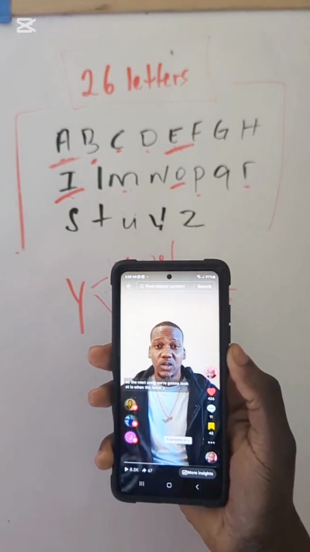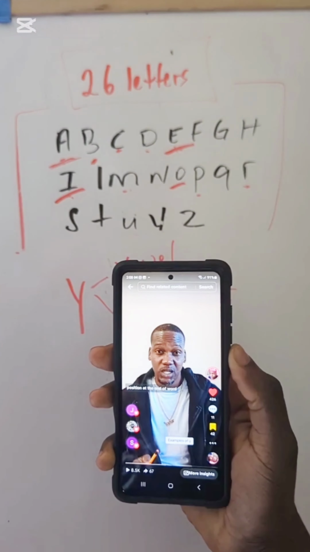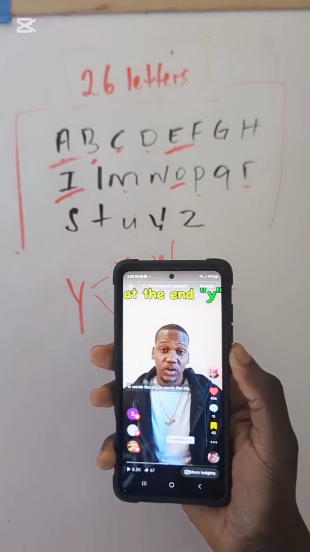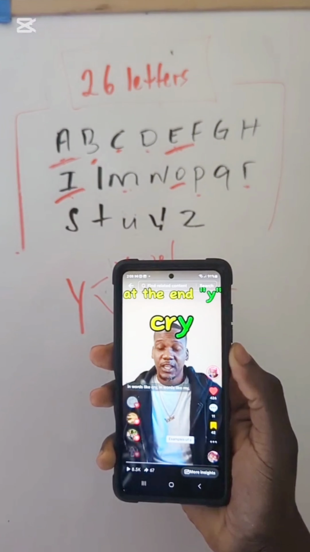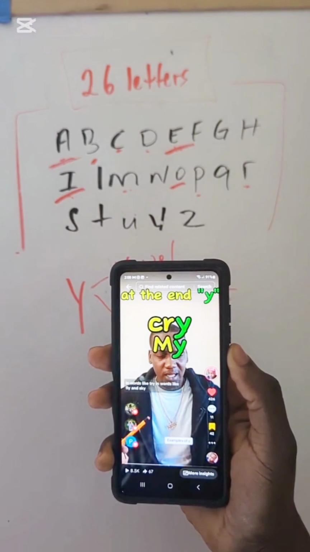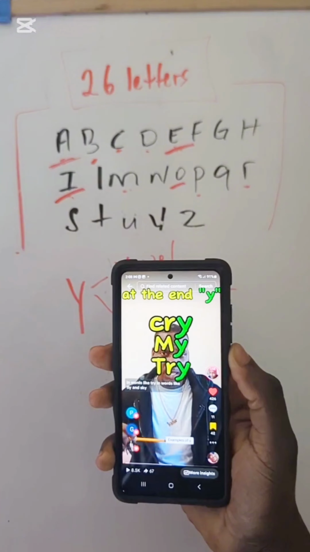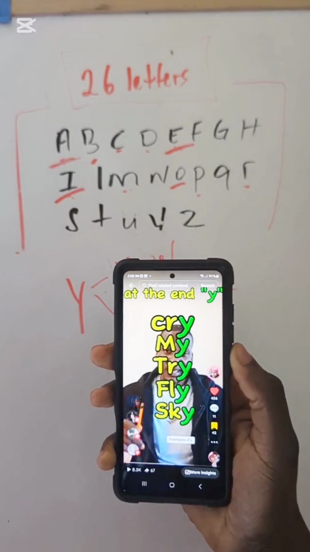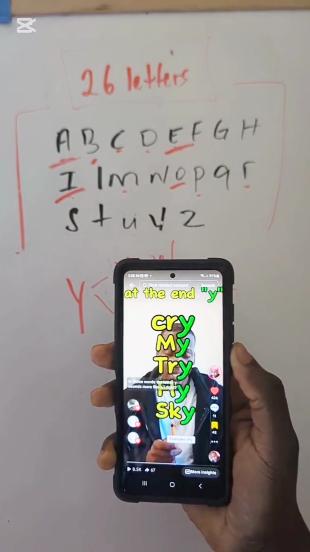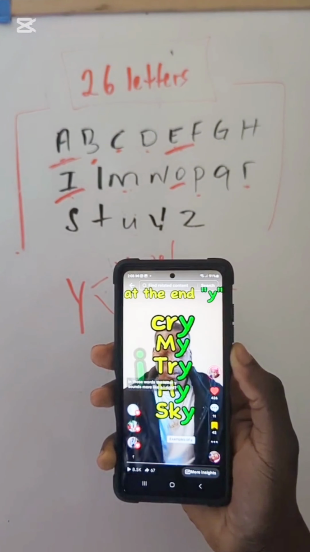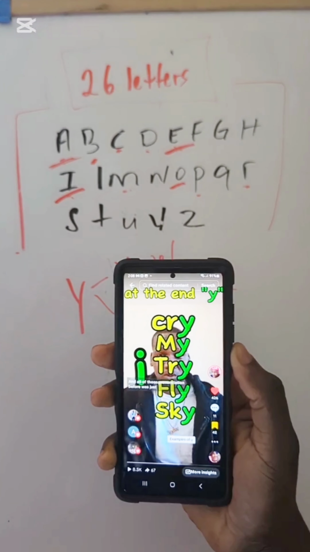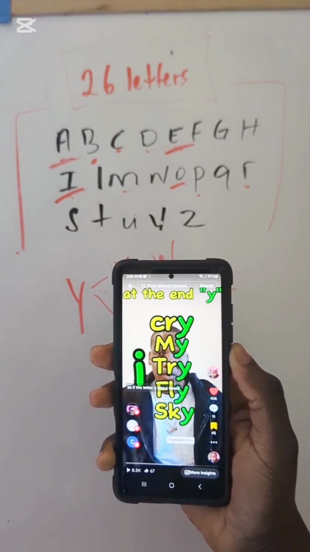So the next one we're going to look at is when the letter Y is positioned at the end of a word. In words like cry, in words like my, in words like try, in words like fly and sky. In those words, the letter Y sounds more like an I, right? And all of those pronunciations before were just as if the letter Y was a vowel.